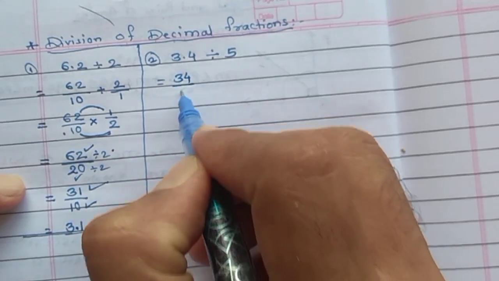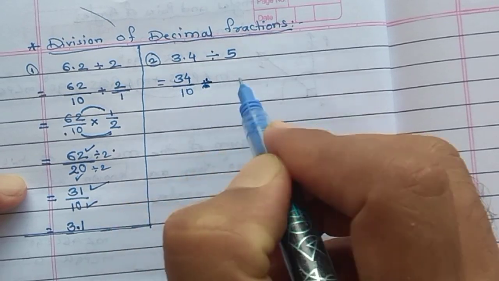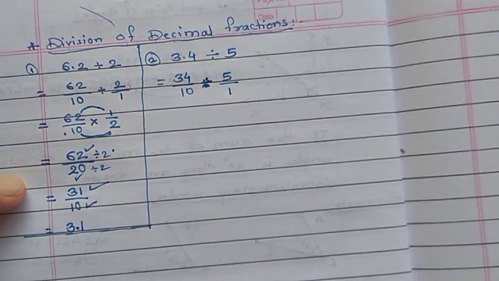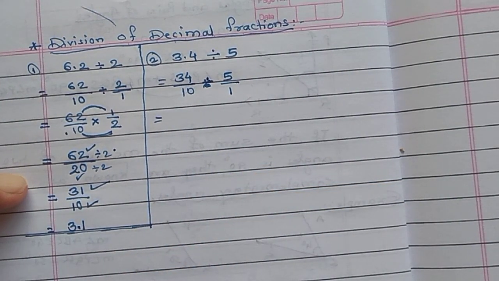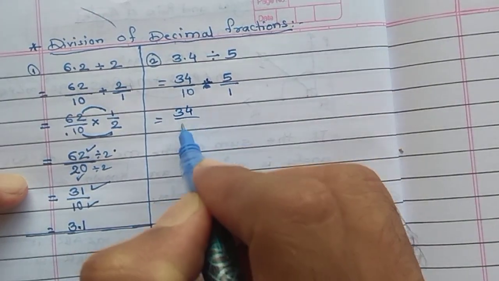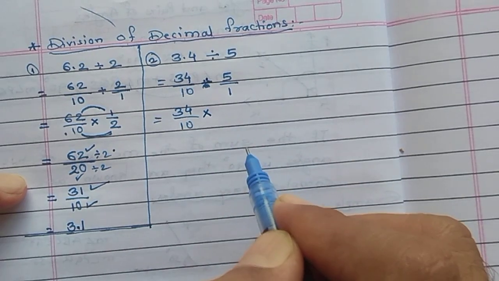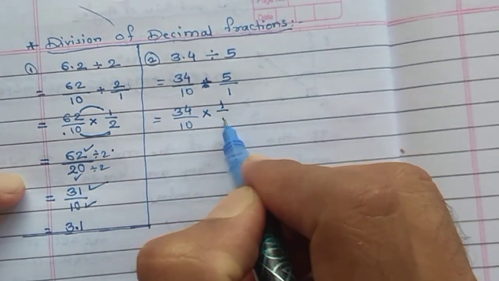It becomes 34 upon 10 divided by 5 upon 1. Now solve the example as per the rule of multiplication of fractions. Then 34 upon 10, instead of the division sign, the multiplication sign, and the multiplicative inverse of the second fraction means 1 upon 5.